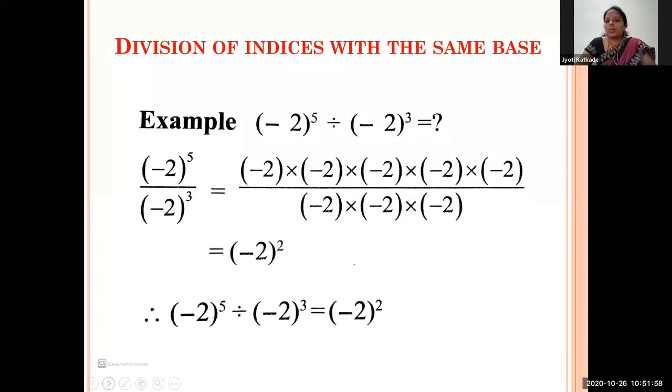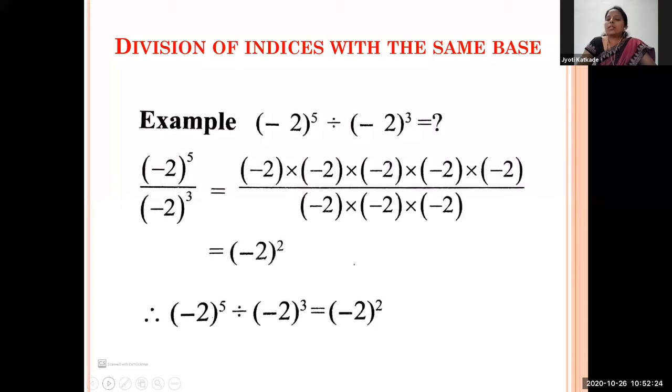And at the denominator minus 2 raised to 3 means take multiplication of minus 2 3 times. Then when we cut minus 2, remaining is minus 2 raised to 2.